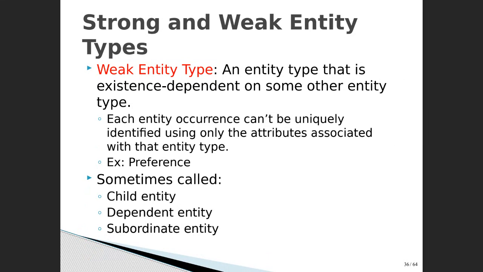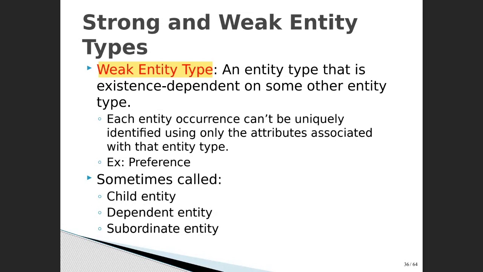How about weak? Weak. Let's take an example about weak entity type. Weak means its existence dependent on other entity type. It cannot be existed without the existing of another entity type. Okay, so this is weak, and it cannot be uniquely identified.